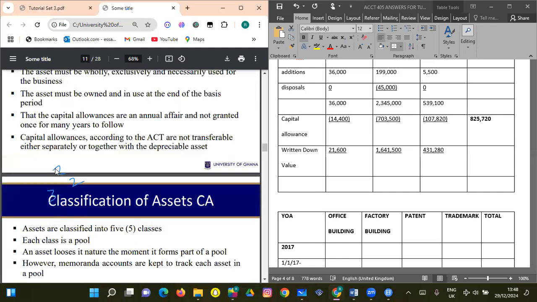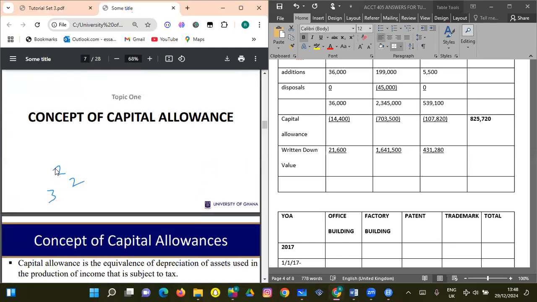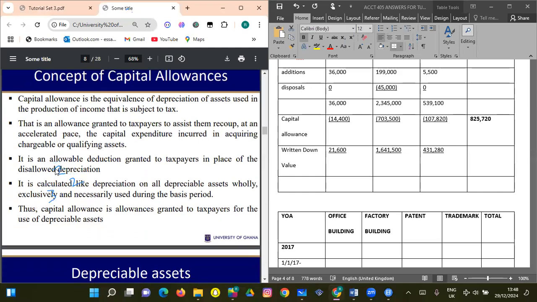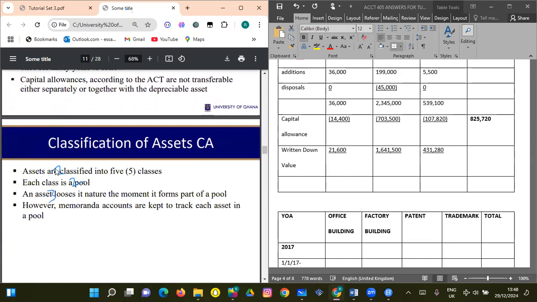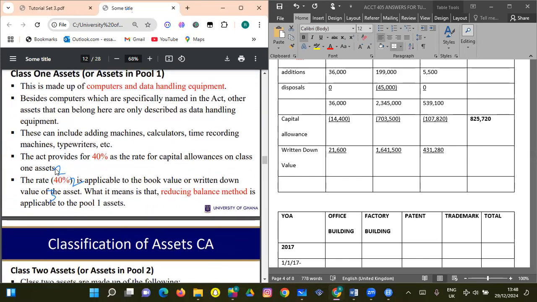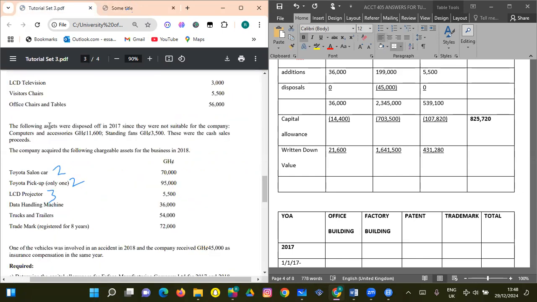Data handling was in pool 1. Pool 1, data handling equipment is here, right? So it will be included. So data handling machine will be in pool 1.